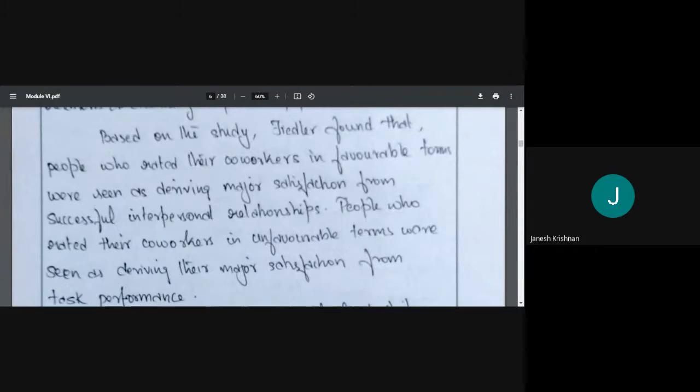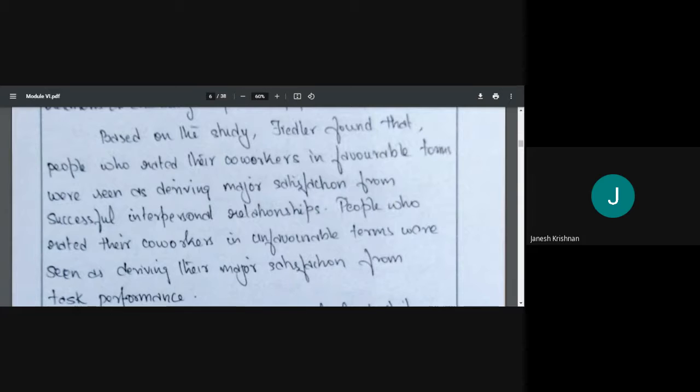People who rated their co-workers in unfavorable terms were seen as deriving their major satisfaction from task performance. The persons who were task oriented got lesser ratings, unfavorable ratings. Understood?